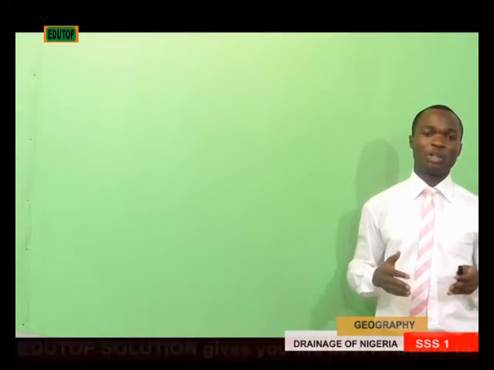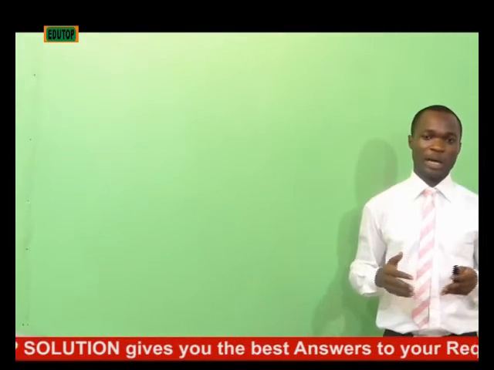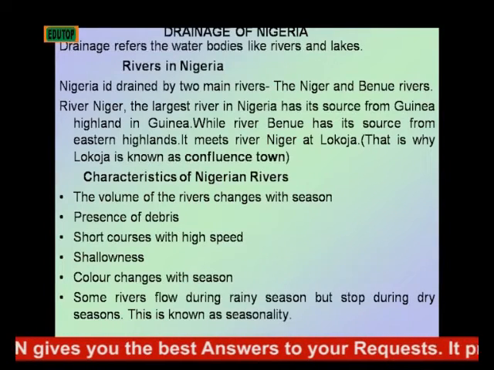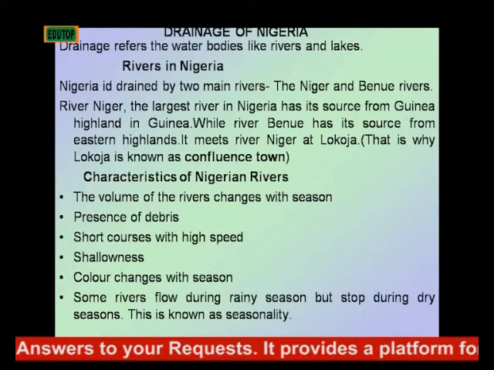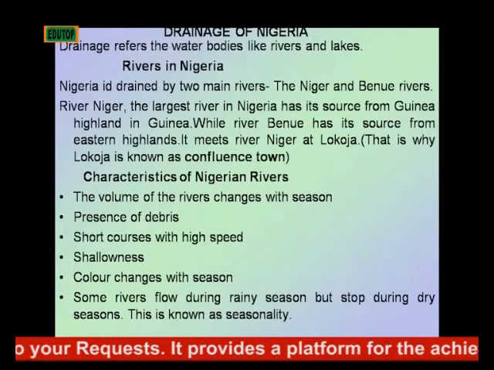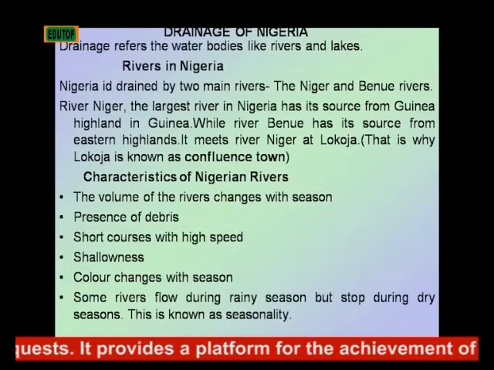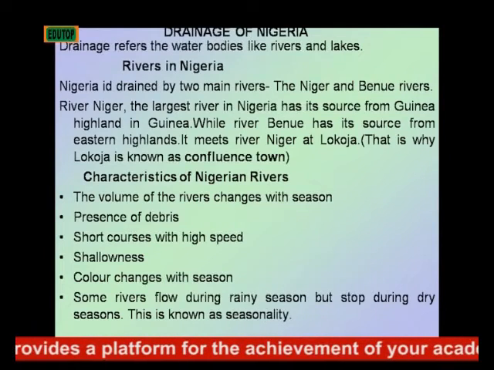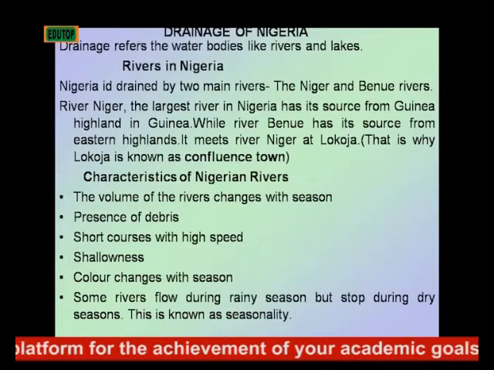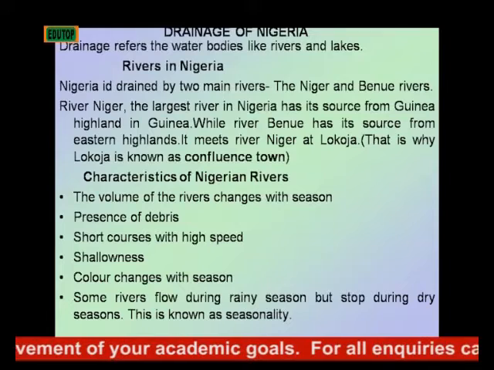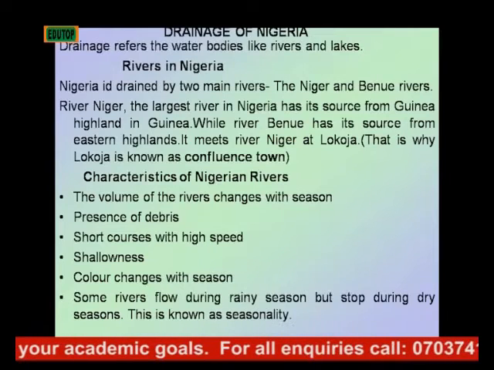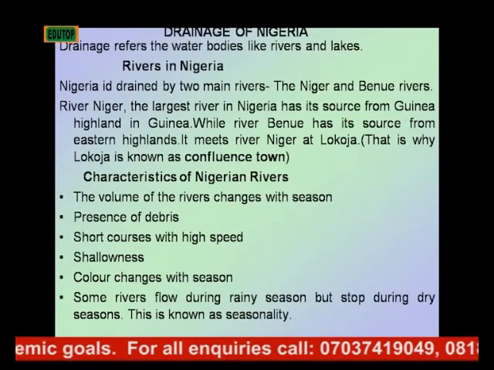Nigeria is drained dominantly by two major rivers, and these are the River Niger and the Benue River. River Niger is the largest river in Nigeria, and it has its source from the Guinea Highlands in Guinea Republic, while River Benue has its source from the Eastern Highlands of Nigeria.